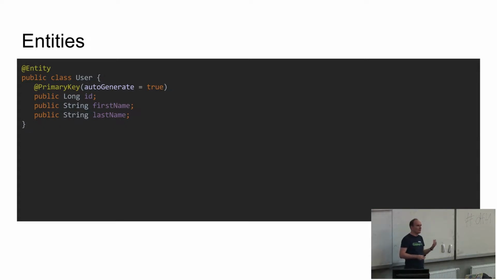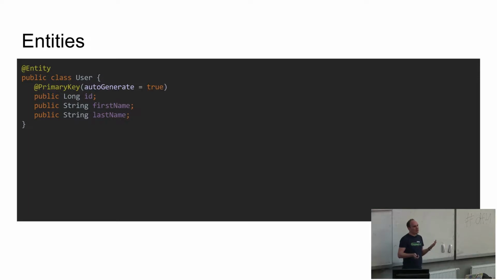So you need the Entity annotation, but you also need the primary key, because every object in the database needs to have an identifier so that you can uniquely identify that object. So you can specify the primary key using the PrimaryKey annotation, and you just slap it on this long ID in this case. And you can also tell Room to auto-generate that ID, which is pretty convenient.